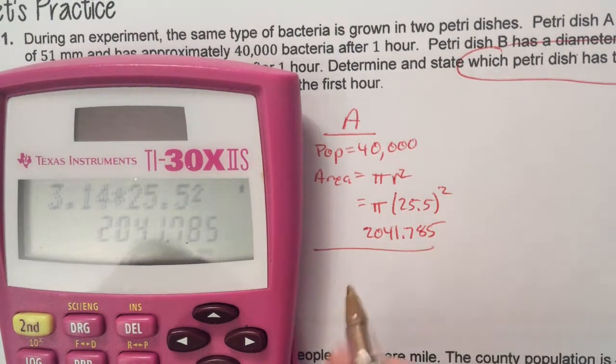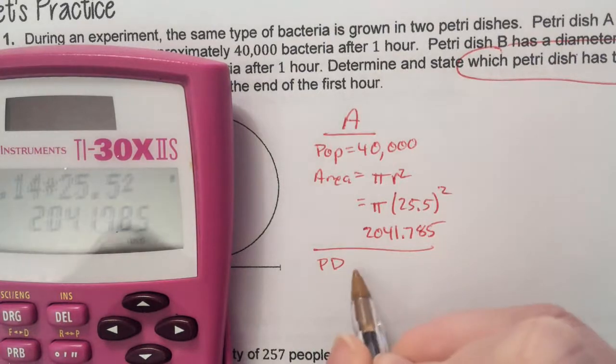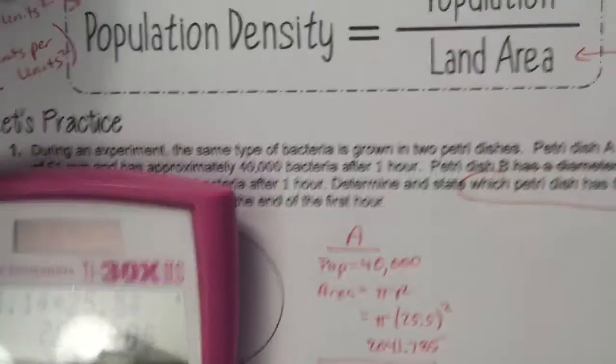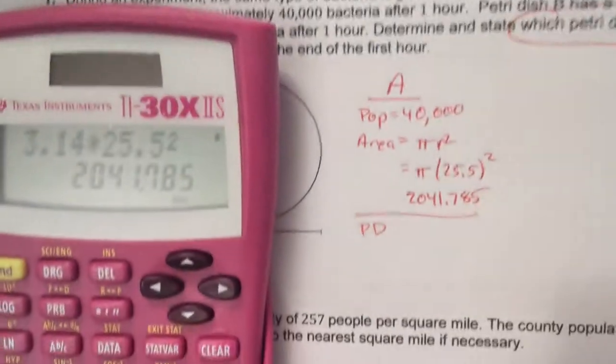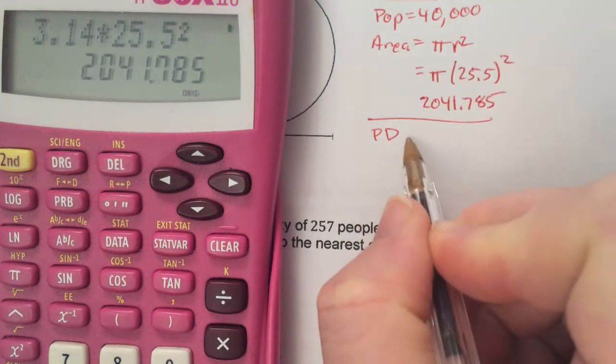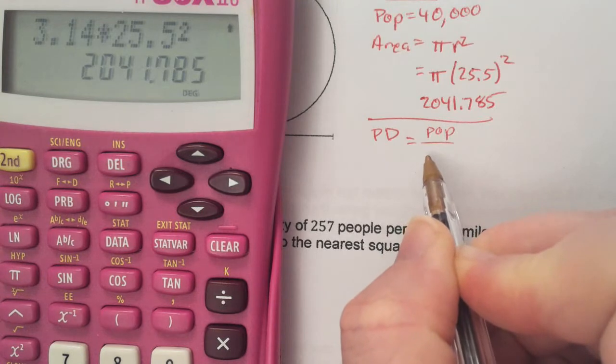Now we're going to find the population density. PD, which is population density, is population over the area.